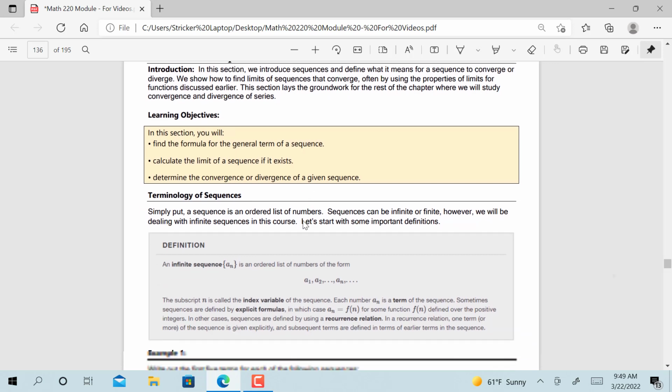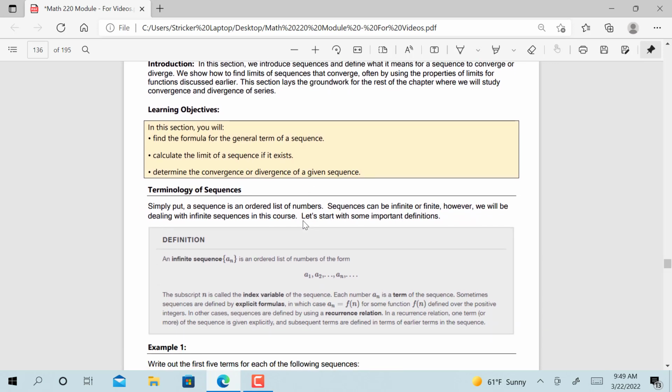So let's look at this definition. Very simply put, a sequence is just an ordered list of numbers. If we talk about an infinite sequence, it's an ordered list of numbers, and notice the three dots at the end, it just keeps going and going and going. There's an infinite number of terms.